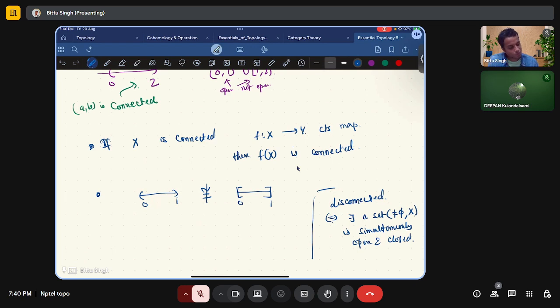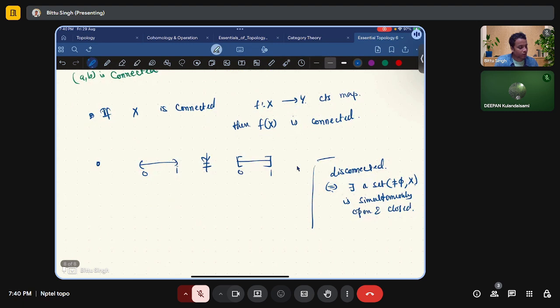You can see if something is connected or not, because disconnected means X can be written as a disjoint union of open sets U and V, which are disjoint. U is by definition open. But we also note that U can be written as X minus V, because those two are disjoint. V is open, therefore the complement is closed. Complement of an open set is closed. So disconnected means there exists some non-trivial closed set which is also open.